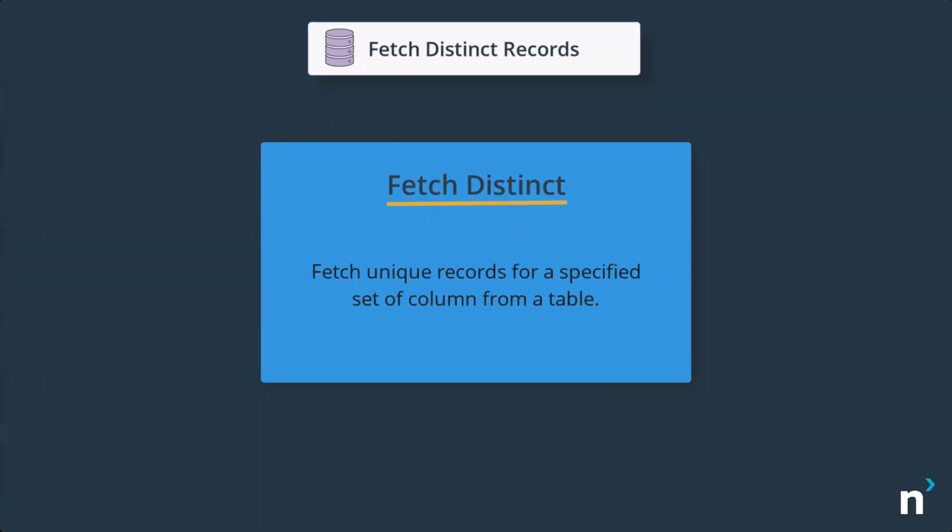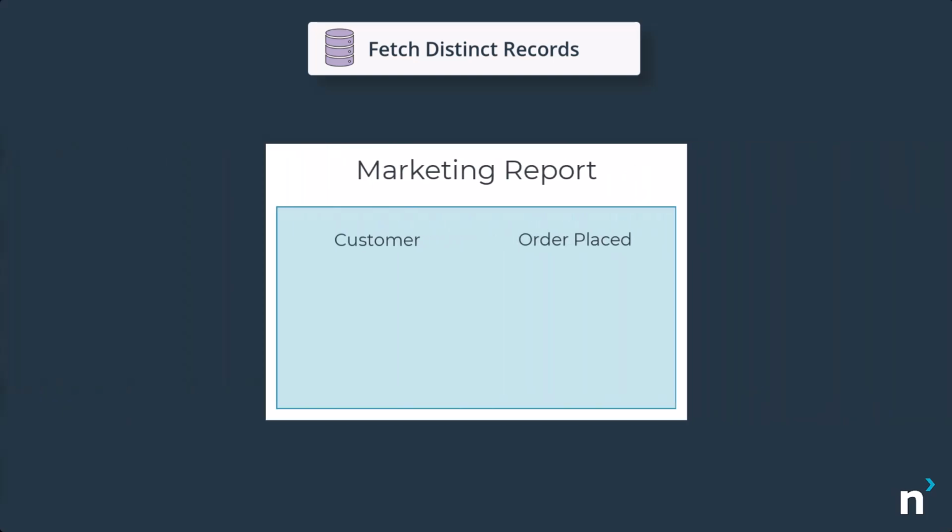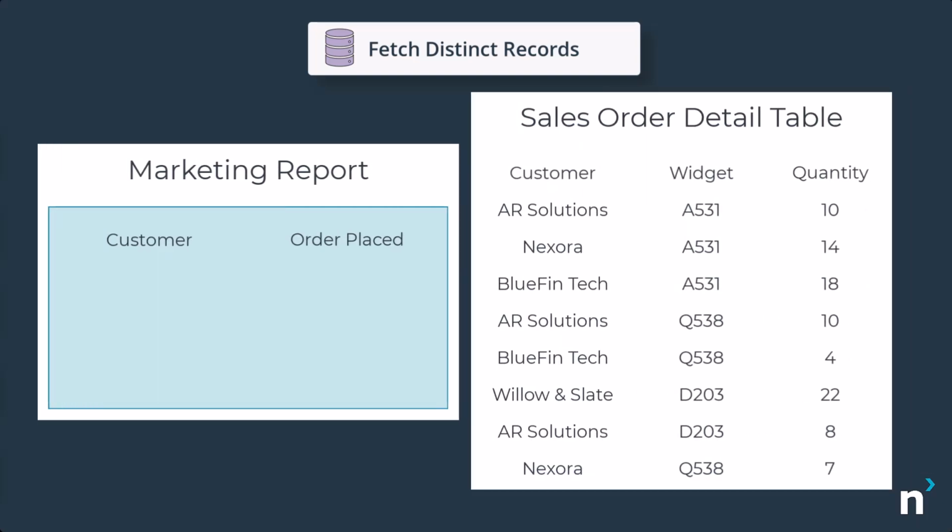Fetch distinct. Fetch unique records for a specified set of columns from a table. At the end of each quarter, the marketing team meets to analyze customer trends. Instead of wading through all sales orders from the previous quarter, a Fetch Distinct Records action generates a concise list of companies that have placed orders in the last 3 months.